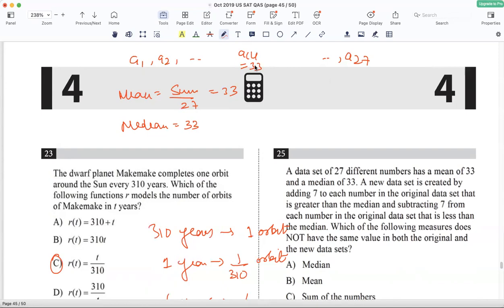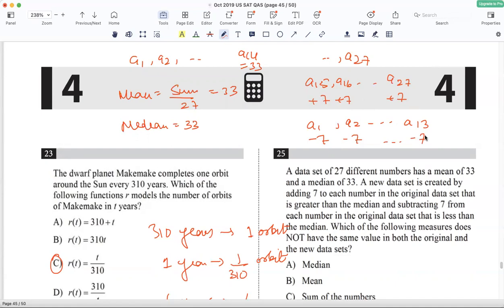Now you're adding 7 to each number in the original data set that is greater than the median. Okay, so A15, A16 up to A27, you're adding 7 to each number, and subtracting 7 from A1, A2 up to A13, you are subtracting 7 from each number, right?